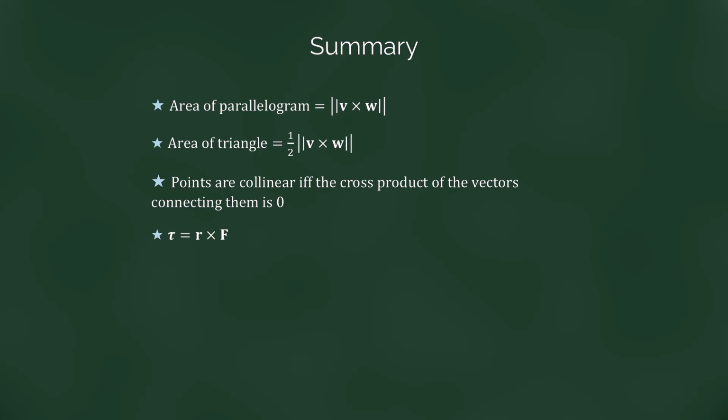So our rule is the points are collinear if and only if, that's what that little IFF stands for, the cross product of the vectors connecting them is 0. And then we also saw that we can compute torque, which is a vector that indicates the amount of twisting action a particular force generates, by taking the cross product of the vector on which the force is acting crossed with the force vector itself.